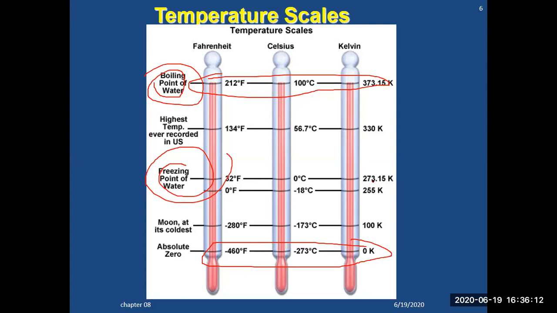At the same time, the lower fixed point is 273 Kelvin in case of the Kelvin scale, and the upper is 373 Kelvin. So you see the lower fixed point and the upper fixed point in this area. This is a beautiful comparison of one temperature with the other.